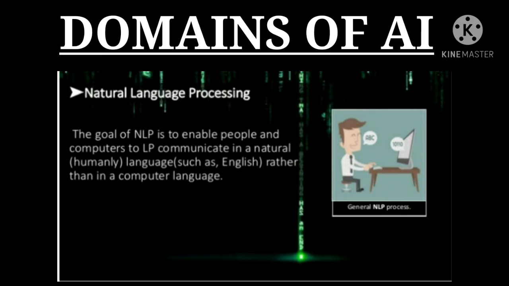Okay, so that is the third domain of AI, NLP, which means natural language processing. So please learn all the full forms. Okay, so NLP, CV, then SDG. Like that, you should learn all the full forms.